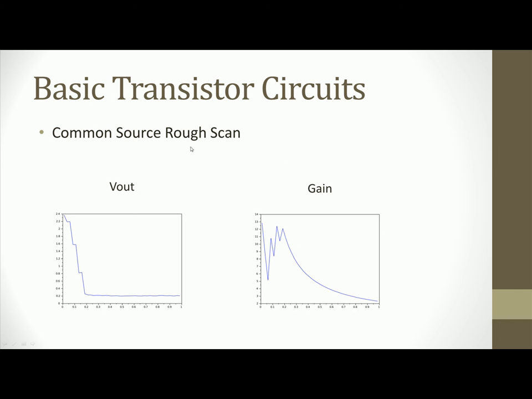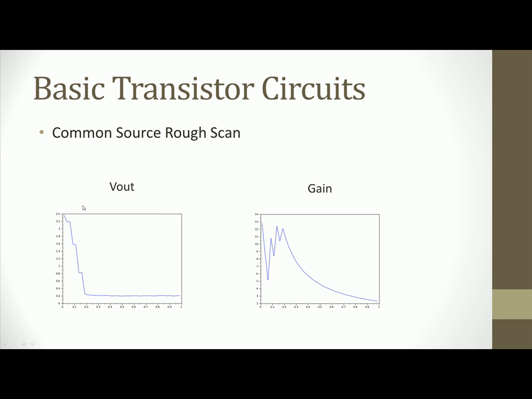For the common source, we do a rough scan from 0 to 1 volt. And there's some steps here. I think it is because of the minimal step of the circuit measurement system, since I used an increment of 1 millivolt, but it didn't turn out to be functional when I used such a small increment.